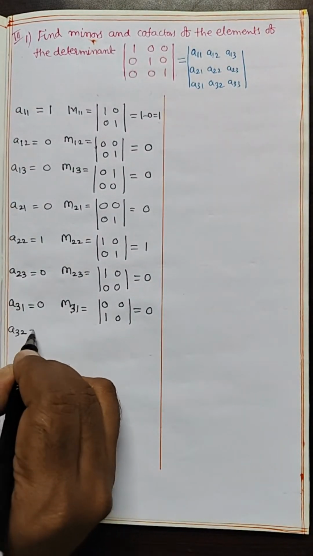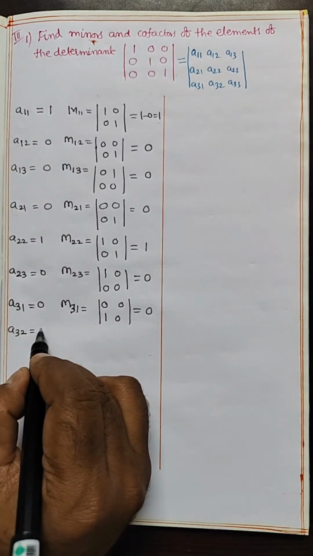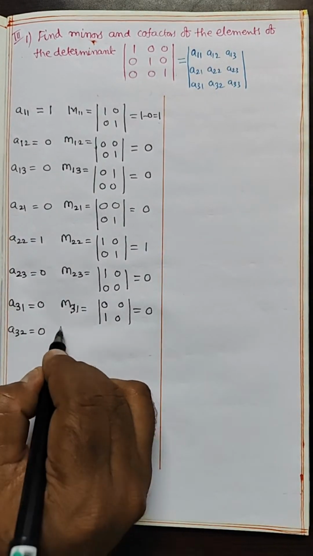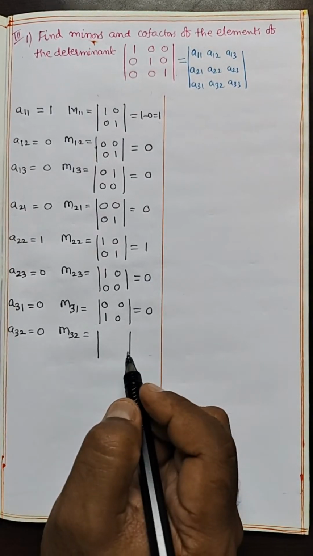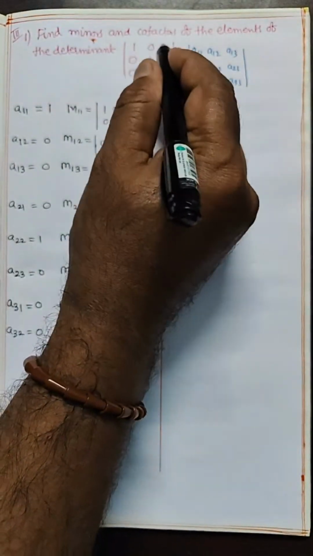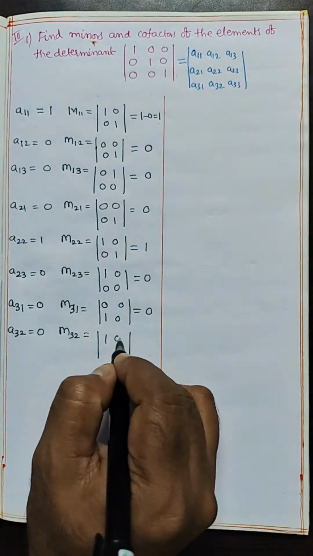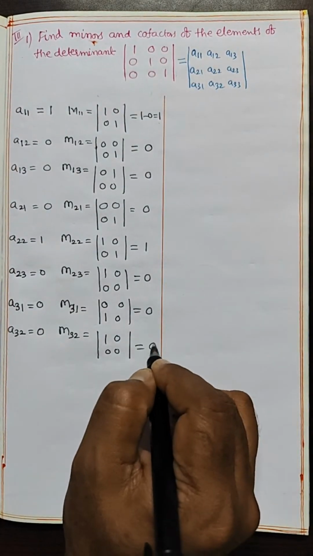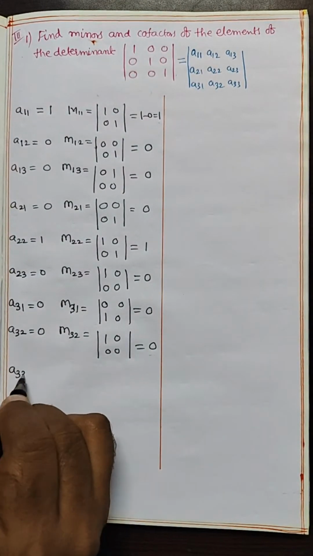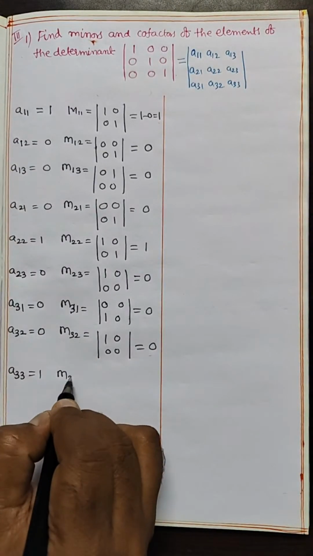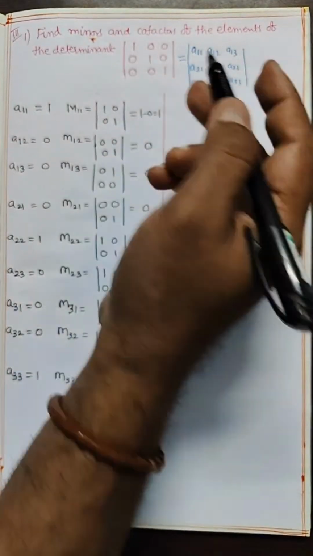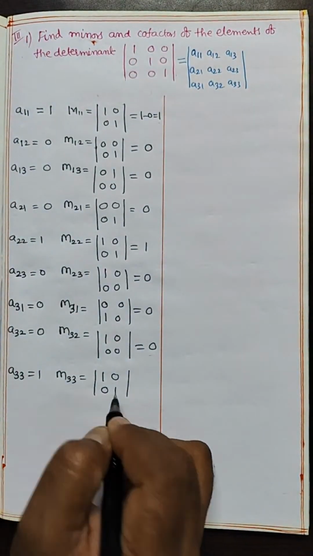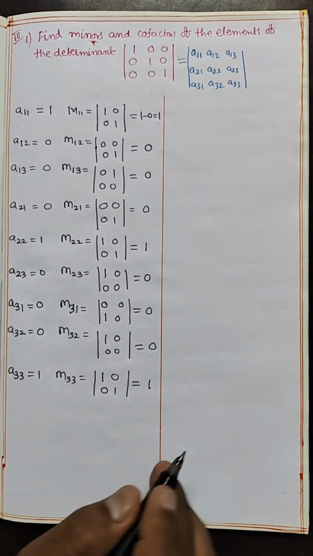A32: eliminating the third row, second column, M32 is 1 0 0 0, that is equal to 0. A33 is equal to 1. M33, eliminating the third row, third column, 1 0 0 1 will come, that is equal to 1.